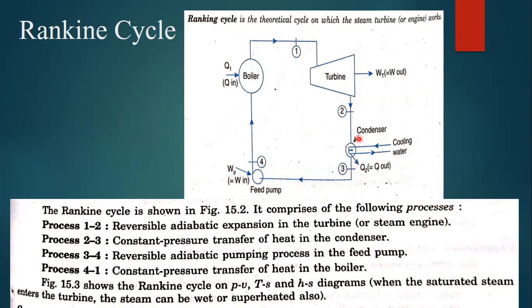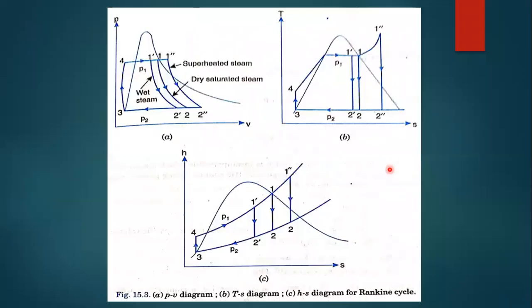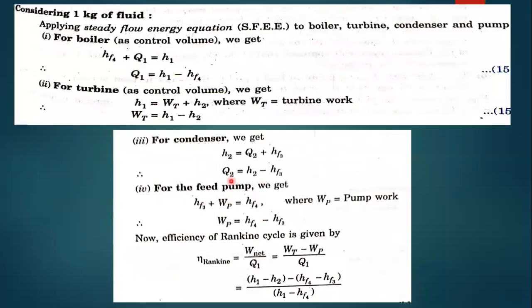So H2 is equal to Q2 plus HF3. Why? Because F means fluid here, that means it is going to be in liquid form. So H2 is equal to Q2 plus HF3. Finally, when it goes from RHS to LHS, it will become minus HF3, so Q2 is nothing but H2 minus HF3.